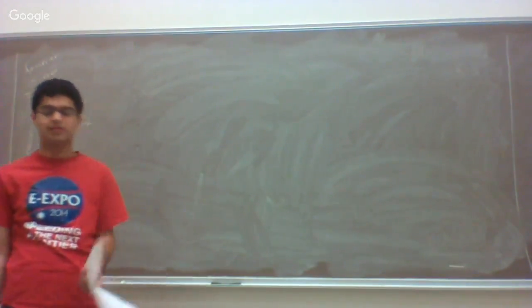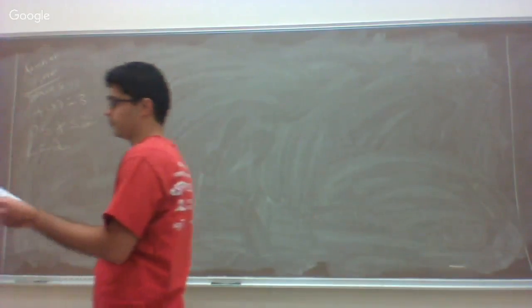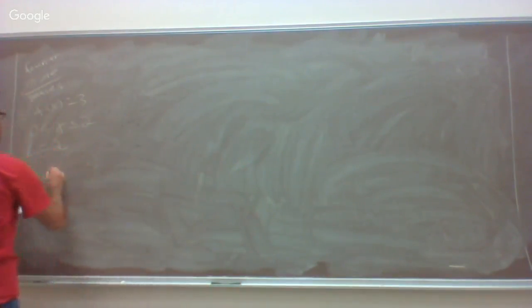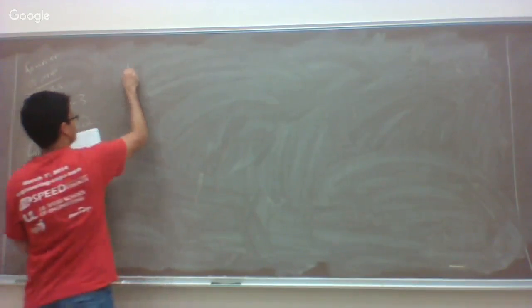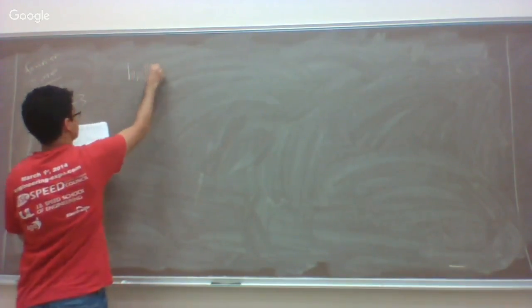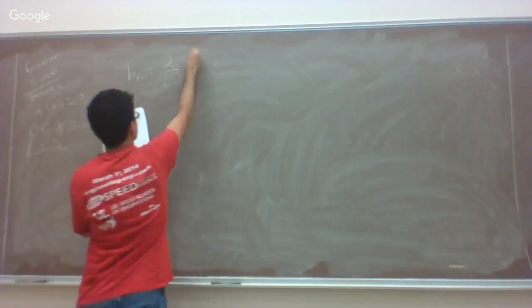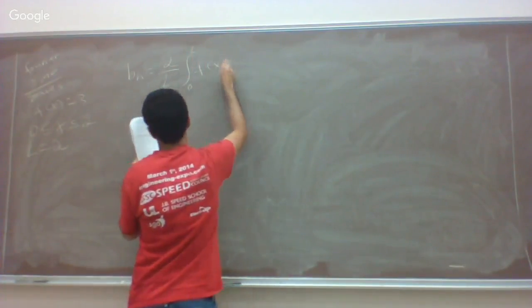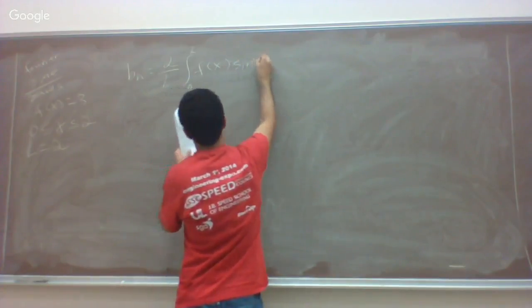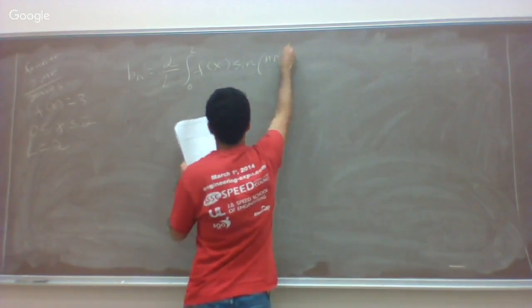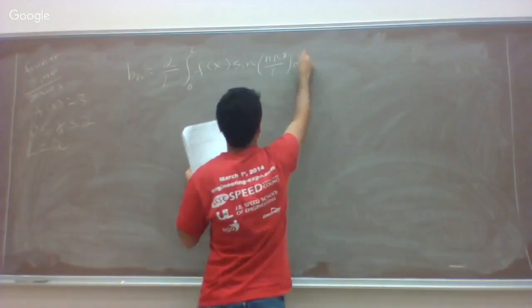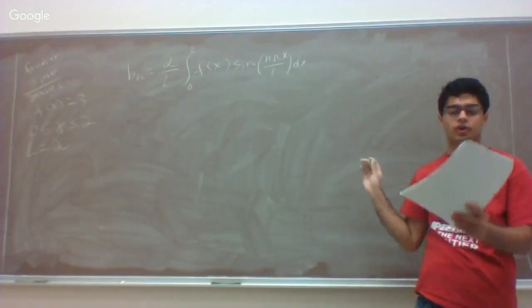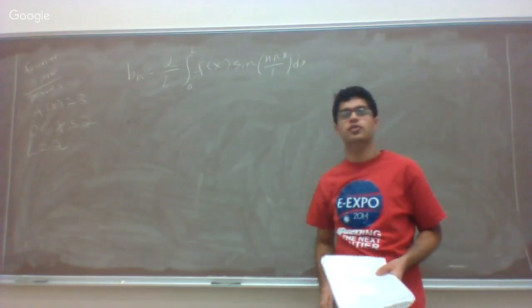Okay. And they tell you the equation, which is really nice. So we need to find b sub n, which is 2 over L, integral going from 0 to L, of f of x sine of n pi x divided by L dx. This stuff you guys already learned in previous calc classes.